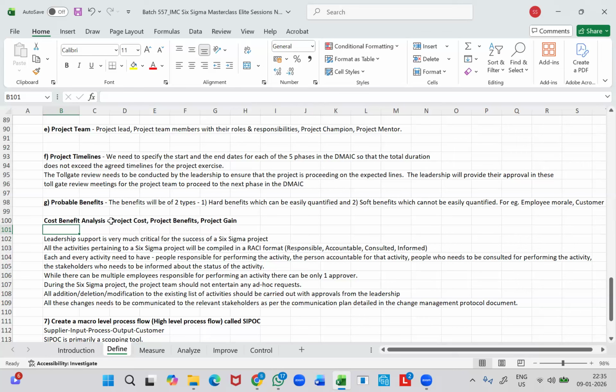Then the probable benefits, we will have the hard and soft benefits. Hard benefits are something that we can easily quantify. The soft benefits are something which cannot be easily quantified. So the project team will also work on the cost benefit analysis, which would include the project cost, the project benefit, and the project gain. So we'll go for a 15-minute break now. So when we come back, we'll look at the other elements which are part of the define phase.